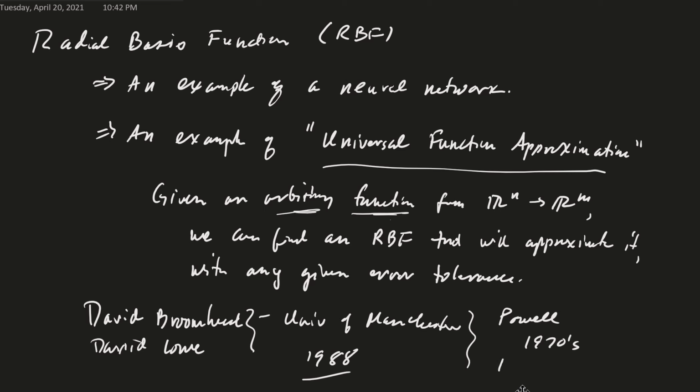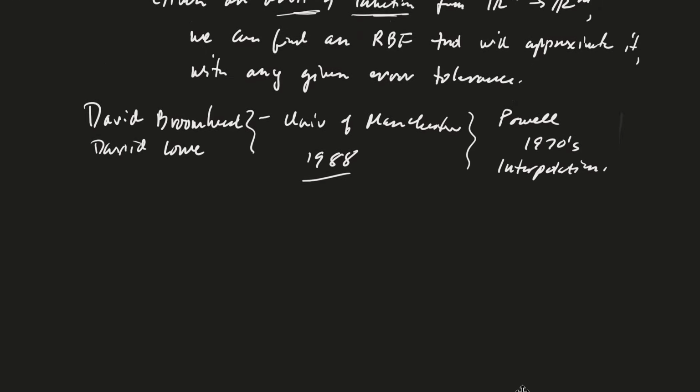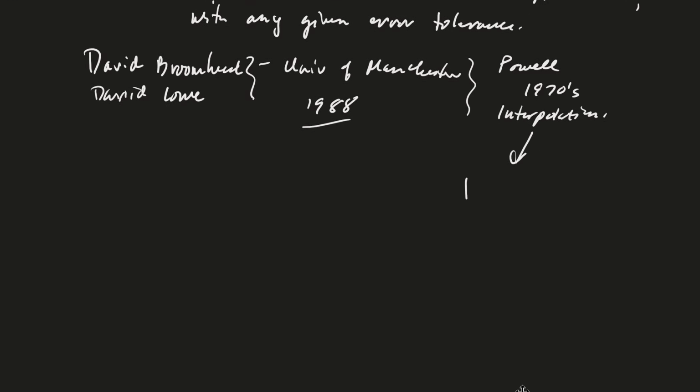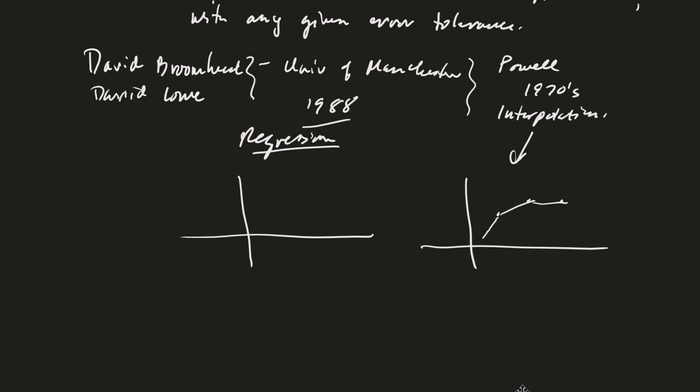And he was doing interpolation, though, instead of regression. And so just as a reminder, when we talk about interpolation, that means we have some data and we want our function to go exactly through that data. Okay, in regression, which is typically what we're doing with neural networks, we have some data and we're trying to find some kind of best fitting curve. Okay, and so interpolation is exact, and in regression we have error.